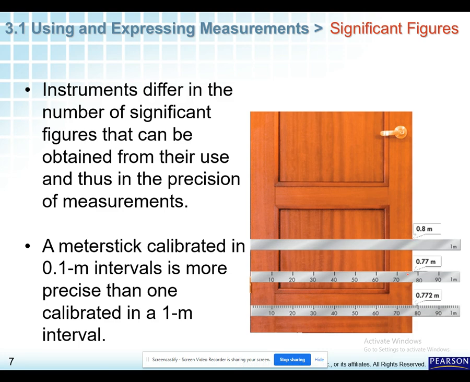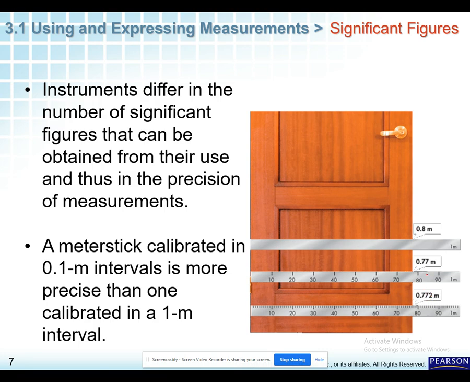The second meter stick gives me a more precise measurement because I can get 2 after the decimal. So here I know for a fact it's 70, but right here I'm going to guess 77.77. And the third meter stick is even more precise and gives me 3 numbers after the decimal. And here I can say 70. Well, I know it's 0.77, and my estimated digit is that 2.